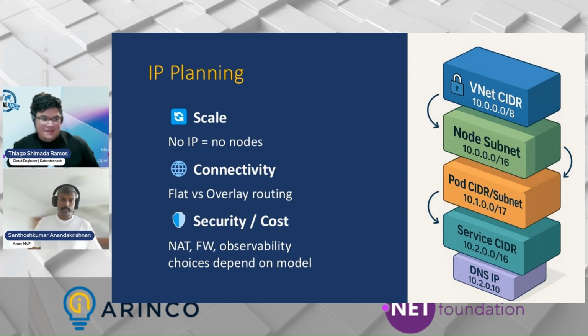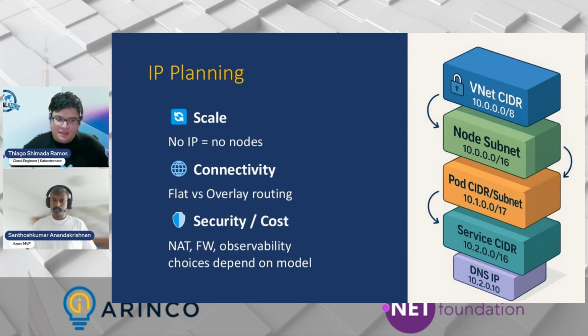Before we can start picking any network model, we really need to think about the IP planning. If you are already familiar with networking, you know that IP is not an endless resource, and your VNet CIDR must be large enough to accommodate all the node subnets, the pod subnets, the services, and everything without overlapping.